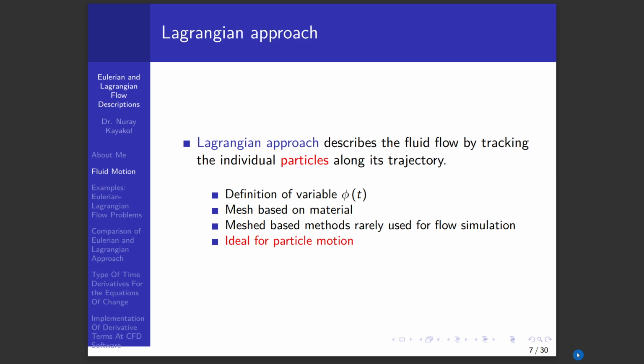How about the Lagrangian approach? It becomes a function of time, and mesh is based on material, and this kind of approach is rarely used for flow simulation. This methodology is for particle motion.